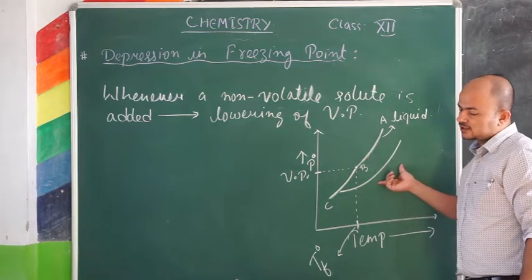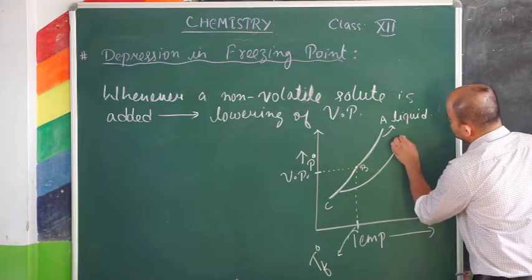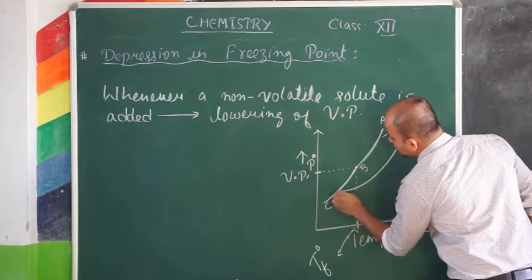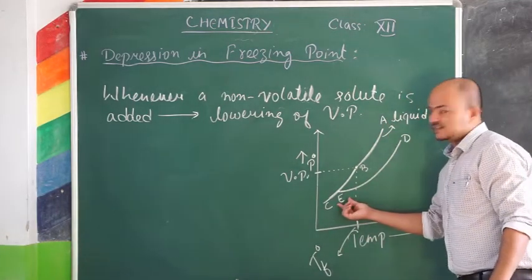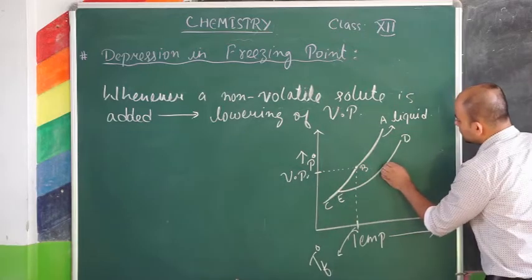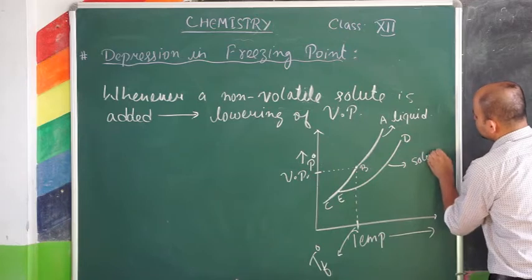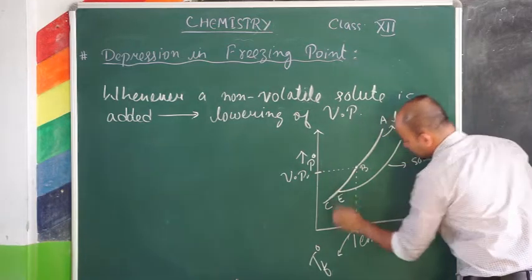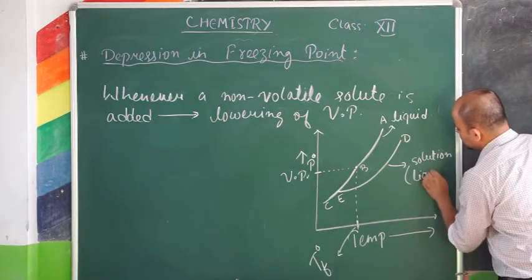Say this point is E and this is D. This DE is the vapor pressure curve for the solution, and from D till E it is in the liquid state.